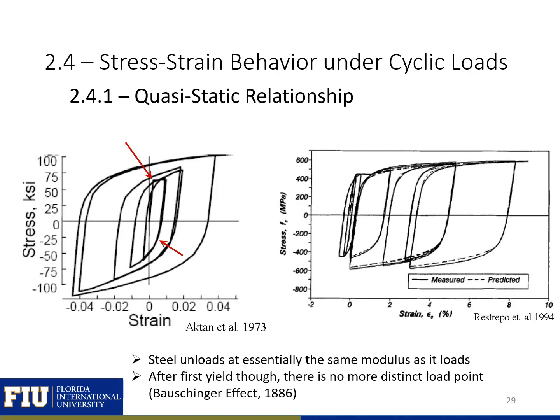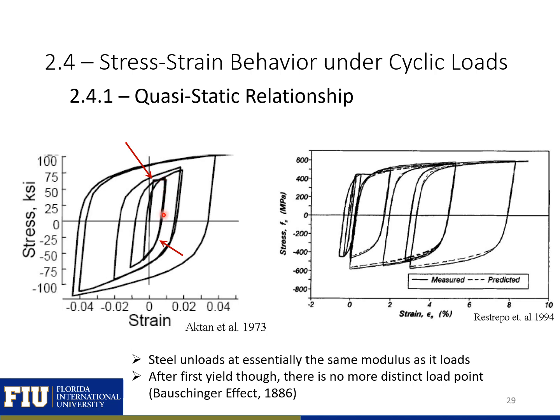We'll next look at the stress-strain behavior under cyclic loads. Here we have our quasi-static relationship, and I'm highlighting here what's called the Bauschinger effect. The Bauschinger effect essentially says that when you load your reinforcing bar initially, you'll have a defined or sharp yield plateau or yield point.